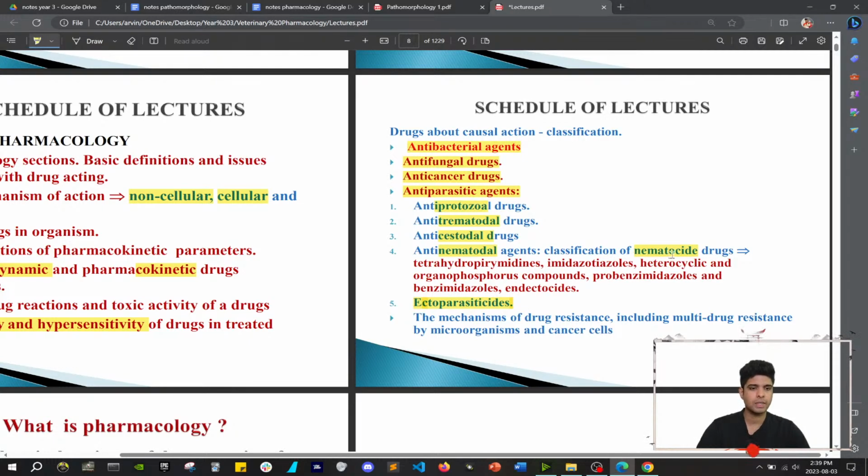So the nematocide drugs are tetrahydropyrimidines, organophosphorus compounds, probenzimidazoles, benzimidazoles, endectocides.